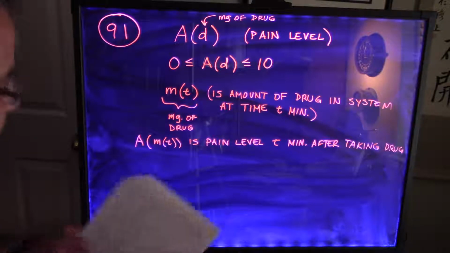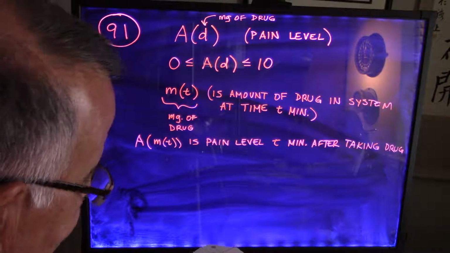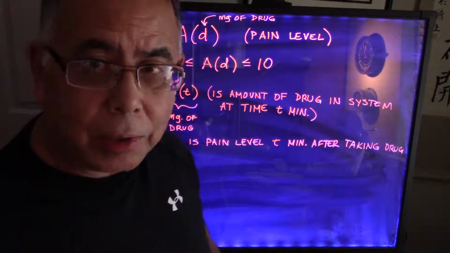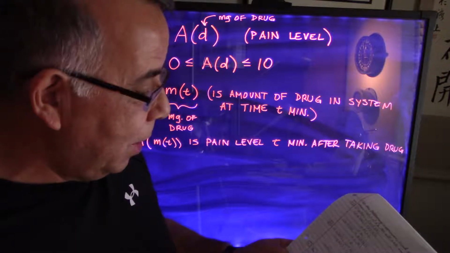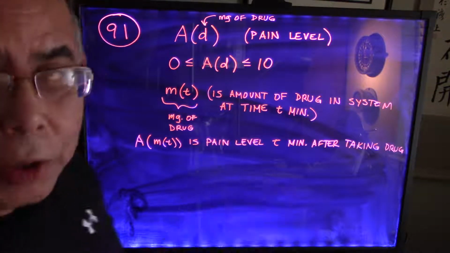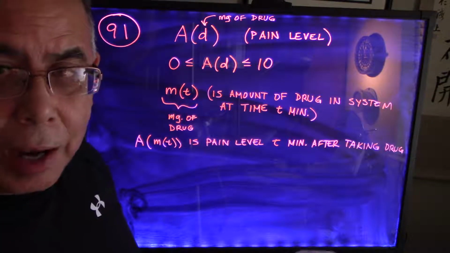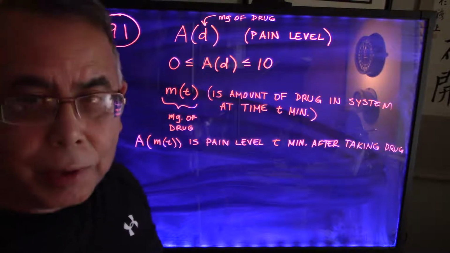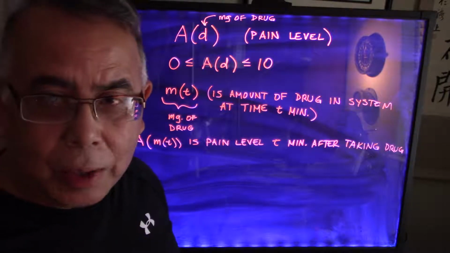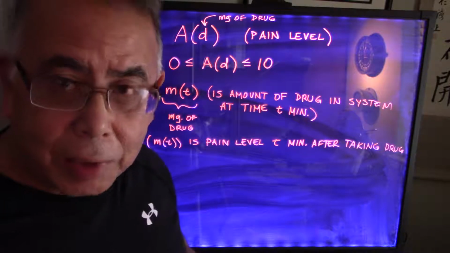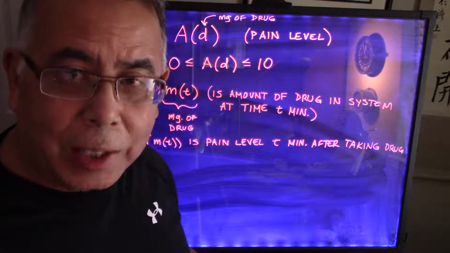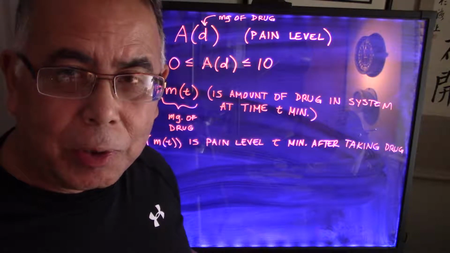Now that we understand this a little better, when you have these word problems, it helps to write down what you know, take stock of what you know, organize your thoughts, and think it through. What do I actually have? When you write it down yourself, instead of just reading it, it forces you to think it through.